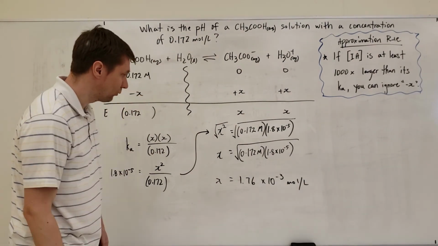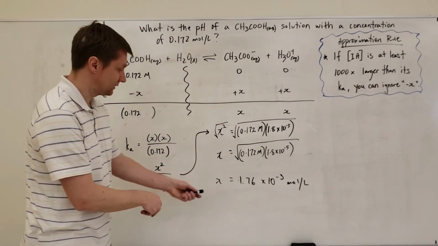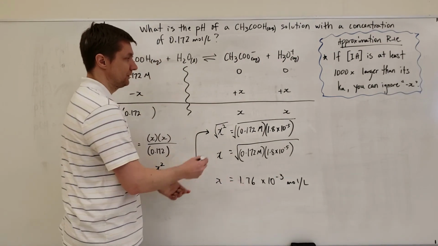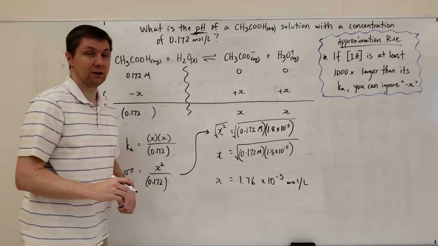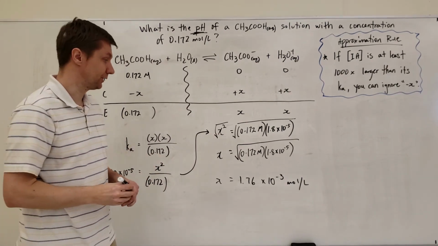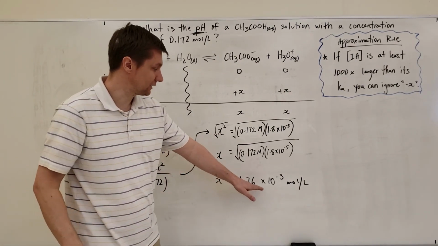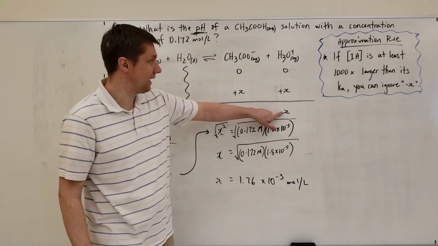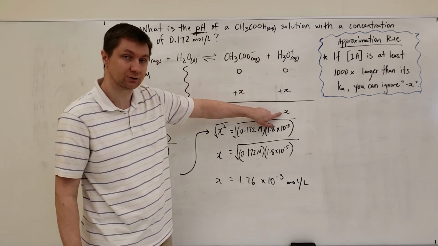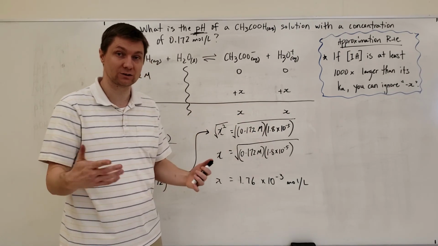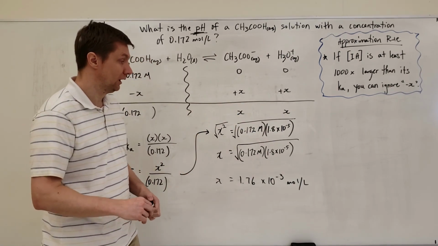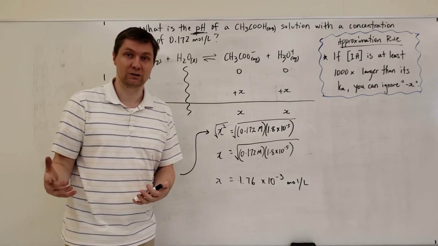Now, what do these numbers mean? Well, this number is x, which is the number I care about if I want to calculate the pH: the hydronium ion concentration. That is the concentration of hydronium in this solution when it reaches equilibrium. And so that's the number I want to use to calculate the pH.